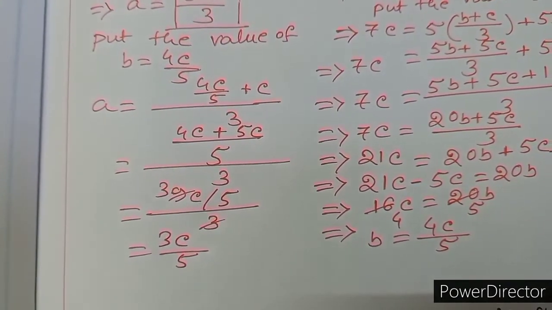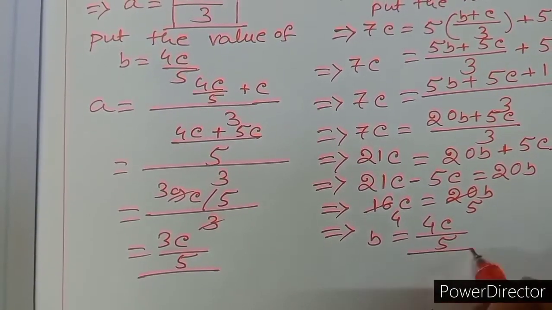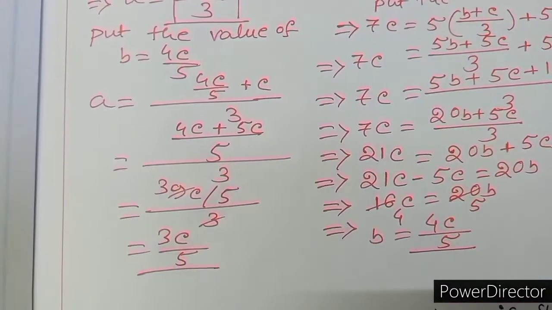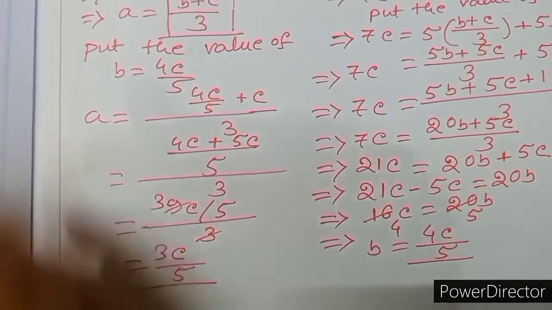We get the value of A equal to 3C by 5 and B equal to 4C by 5.